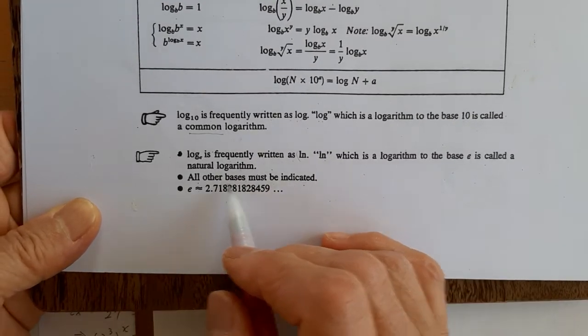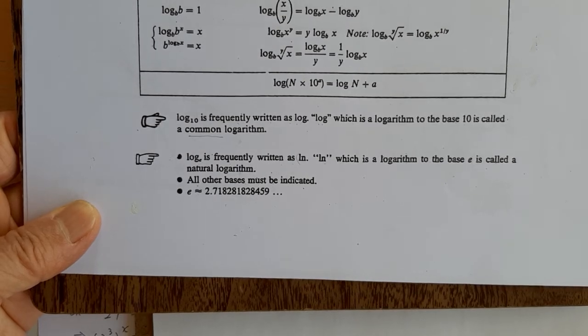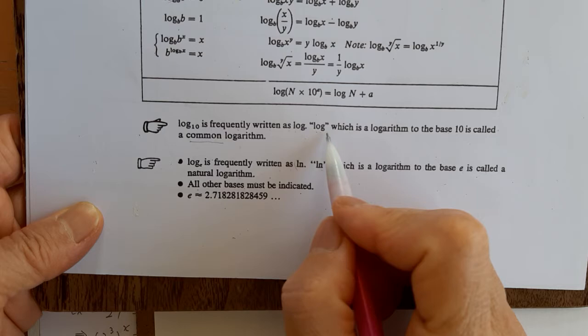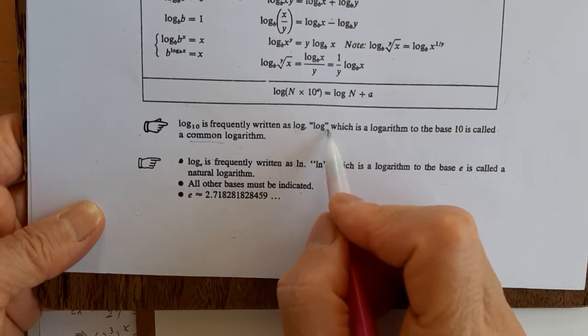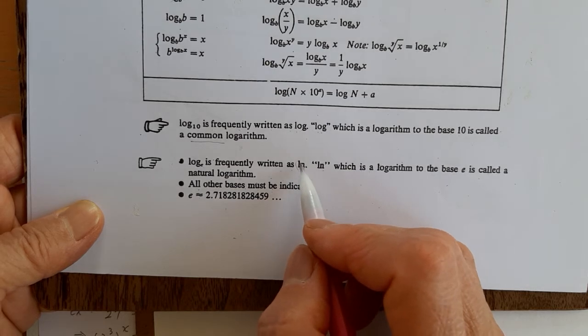All other bases must be indicated. Only when the base is 10 can you just put log. If the base is e, you write ln.